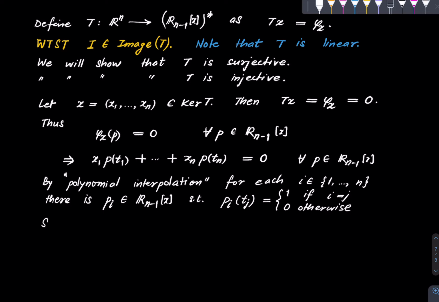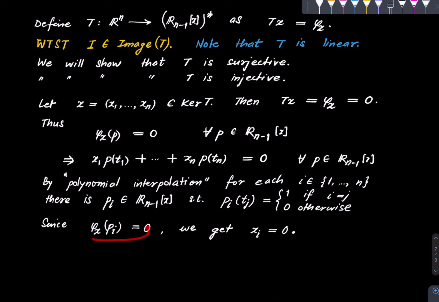And now since phi x of pi is 0, because phi x of any polynomial of degree at most n minus 1 is 0, we get that xi is 0. Right?